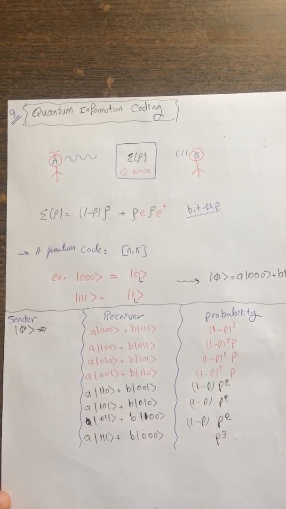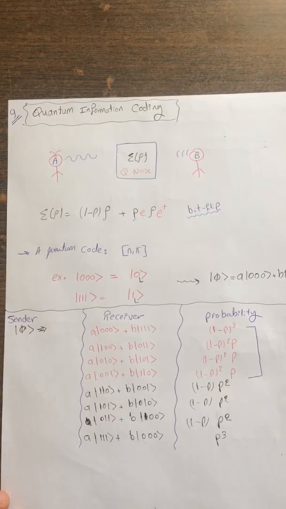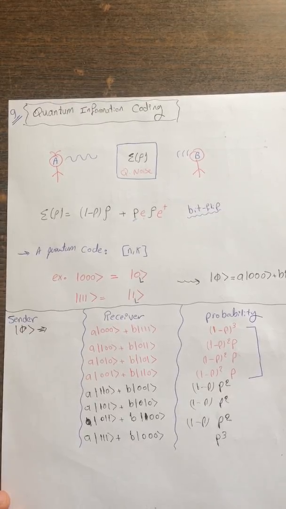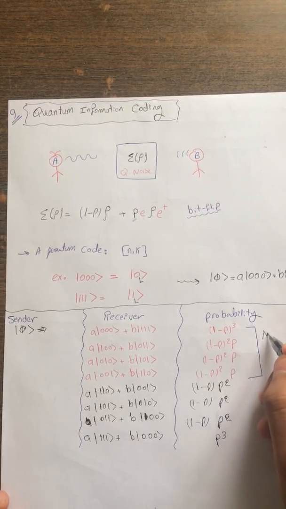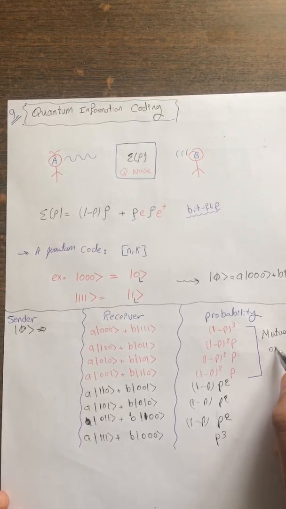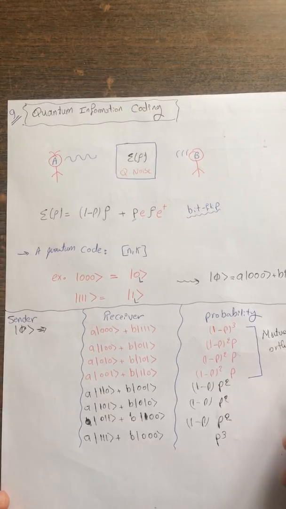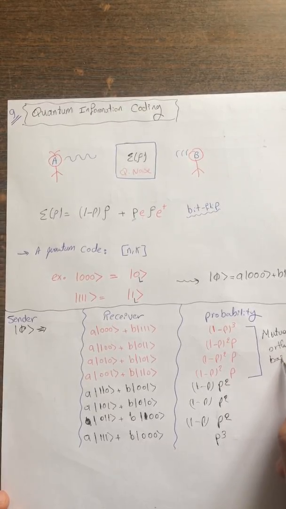So we call these four mutually orthogonal bases, so let's just stick with this for a while, and let's call them mutually orthogonal bases.